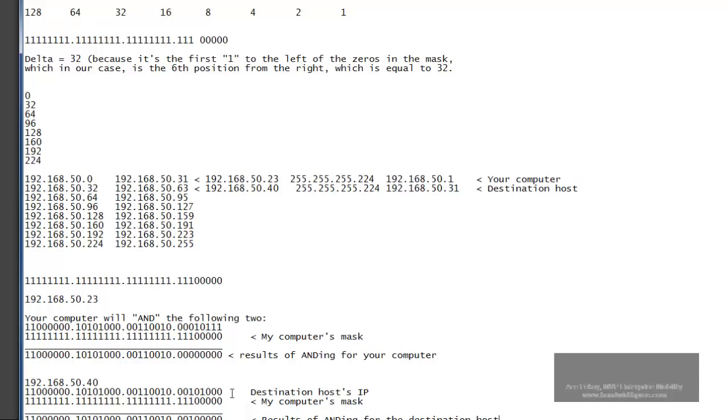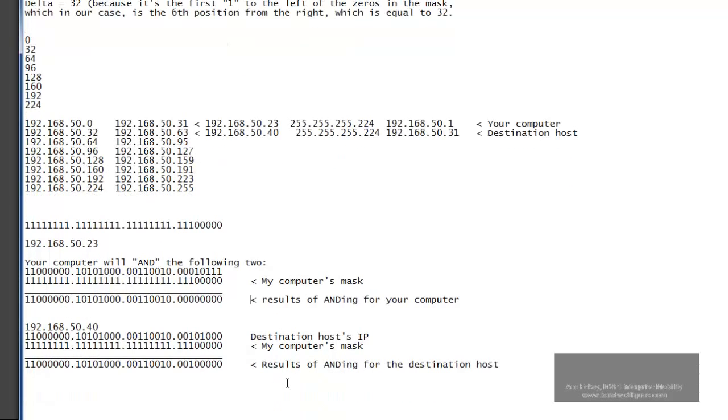You're going to say, everybody's probably looking at it right now, hey man, it's different. That's right, it is. It definitely is different. So in an ANDing process, if the two results are different, that says that the destination host is on another network.